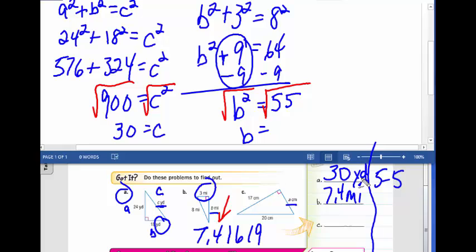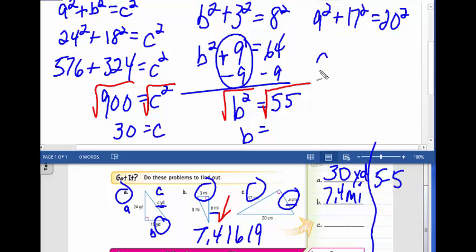And lastly, we have letter C. In this case, we're given the one leg and one hypotenuse, and we're looking for a. So we're going to go a squared plus the leg, 17 squared, equals 20 squared. So we have a squared plus 17 squared, and 17 squared is 289, equals 20 squared.